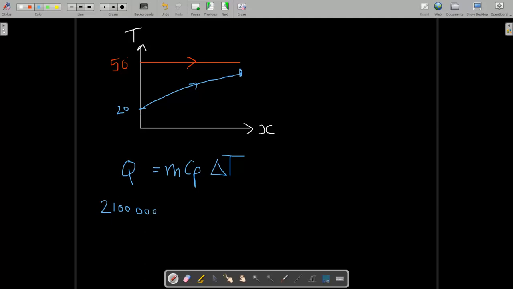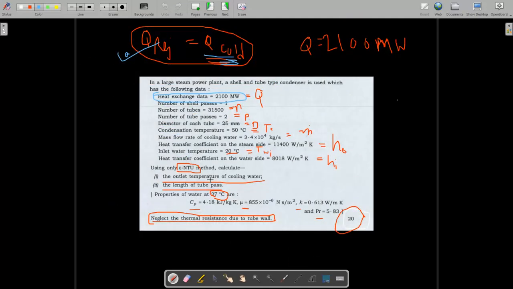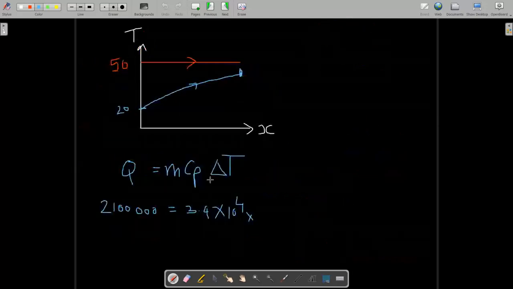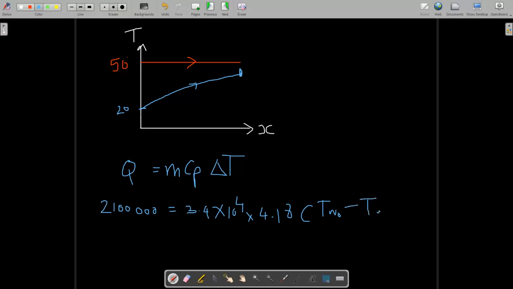The mass flow rate is given to us as 3.4 × 10^4 kg per second. Specific heat is given as 4.18 kJ/kg K, and ΔT, that means the temperature difference, is the water outlet temperature minus the water inlet temperature.